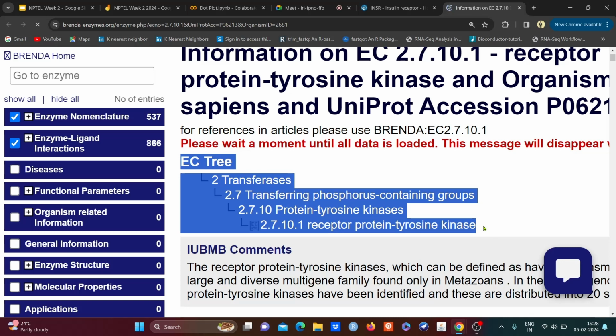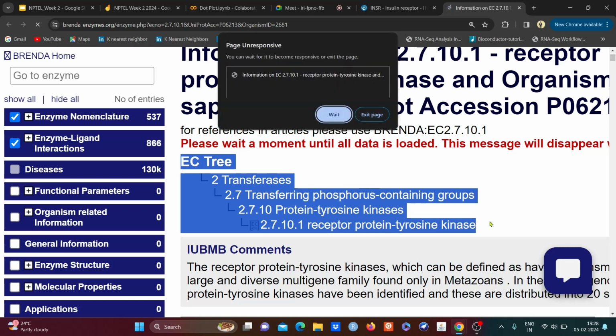We have studied that there are 6 classes of enzymes. So this insulin receptor belongs to the transferase class. In that we have further subclasses like transferring phosphorus-containing groups. Further, this is the enzyme classification information related to our entry.